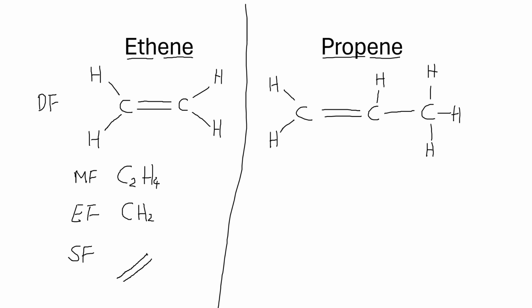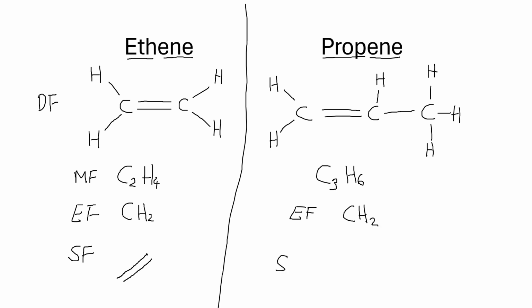So that would be the displayed formula of propene. So the molecular formula would be C3H6. And the empirical formula, you can divide both these by 3, so that would be CH2.